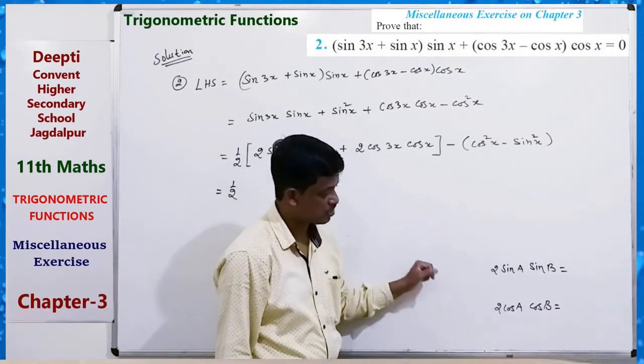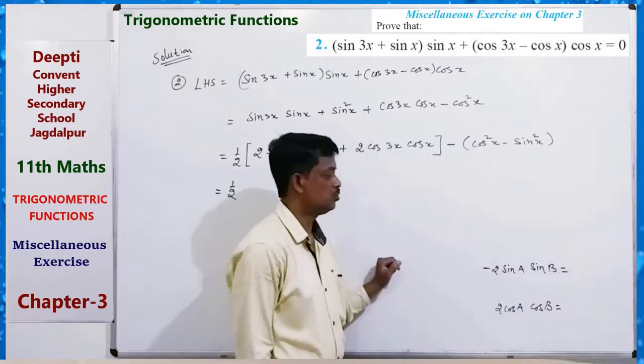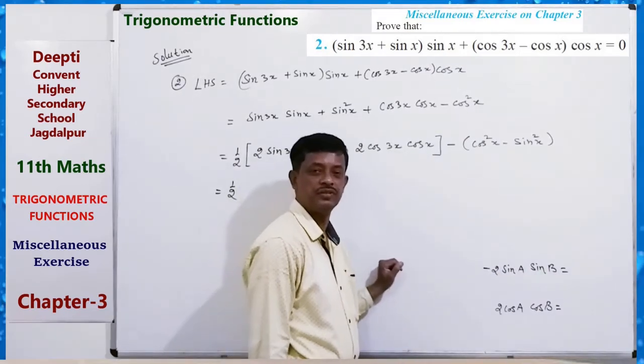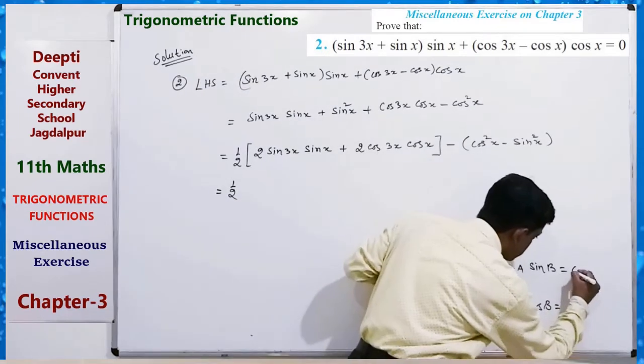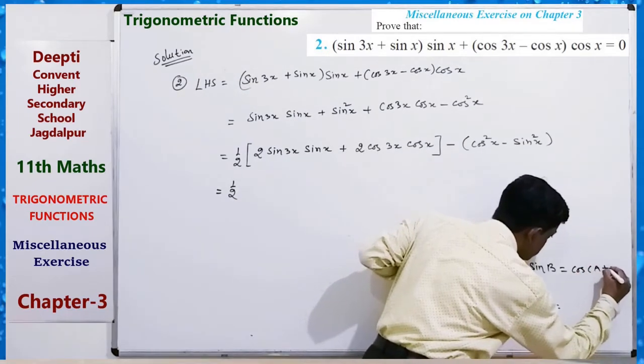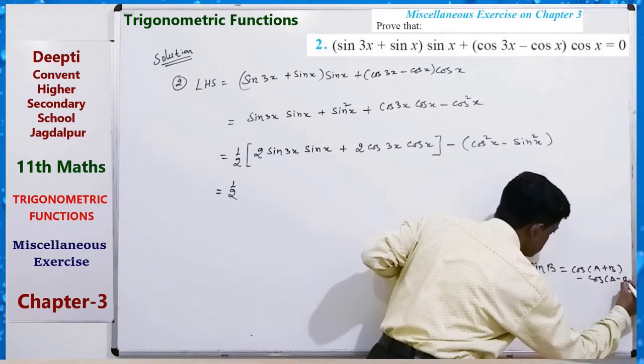Both are sin and cos. For sin, we know minus 2 sin A sin B equals cos C minus cos D, that is cos(A plus B) minus cos(A minus B).